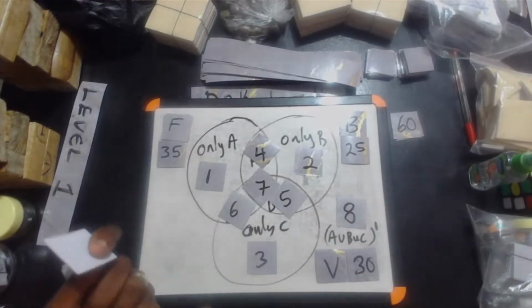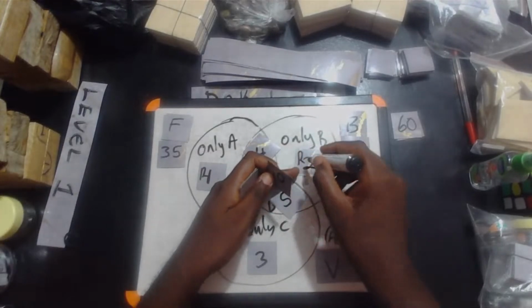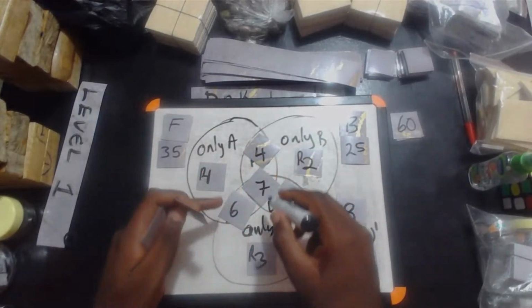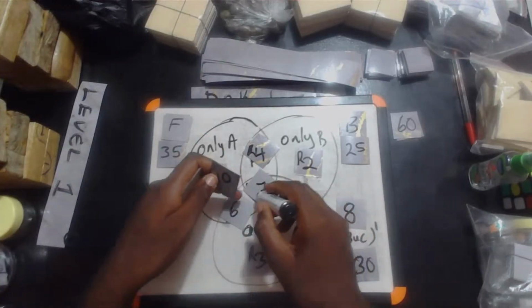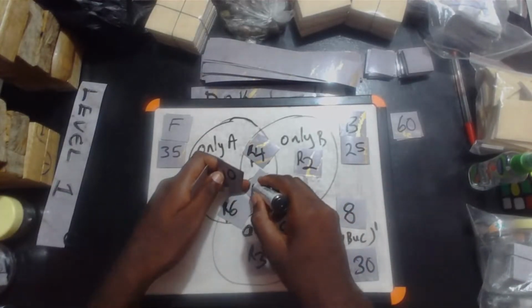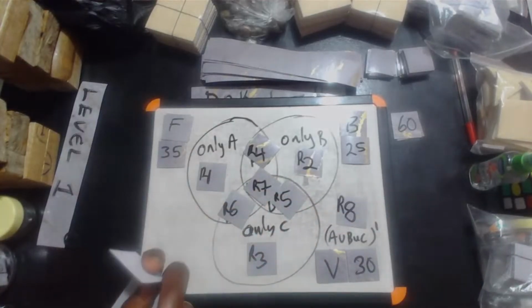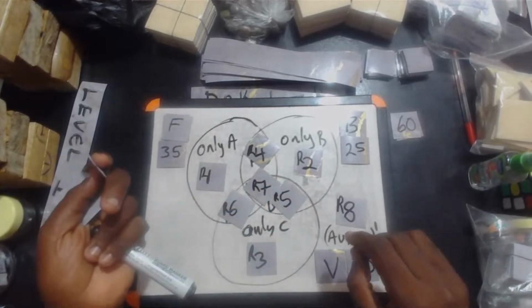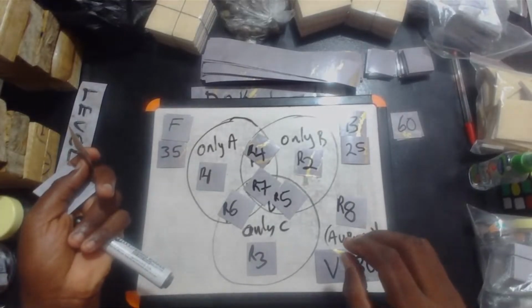Remember, these ones are regions. Region 1, Region 2, Region 3, Region 4, Region 5, Region 6, Region 7, and Region 8. So, like we've just found out that 15 like football and volleyball.